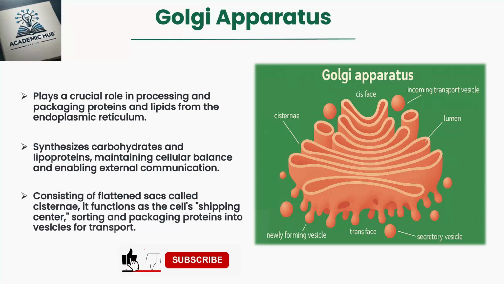Transport vesicles move proteins and lipids to organelles, for example membrane repair. Lysosomes contain digestive enzymes and break down bacteria. For example, the Golgi's role in digestive enzymes: the Golgi packages digestive enzymes into lysosomes, which help break down food in the stomach.